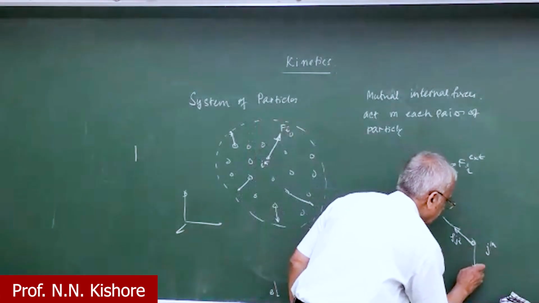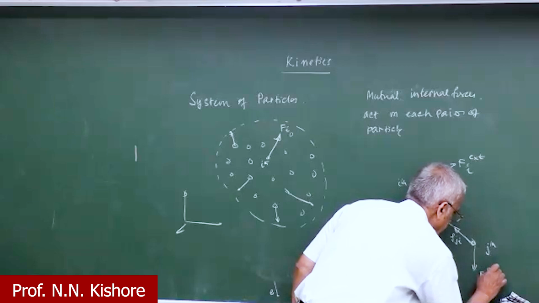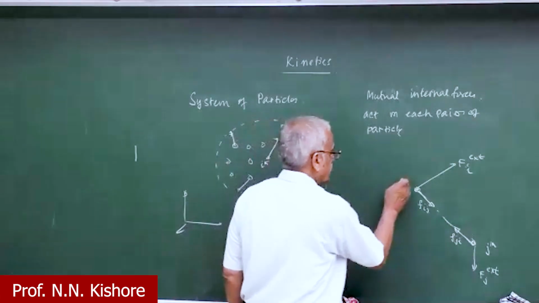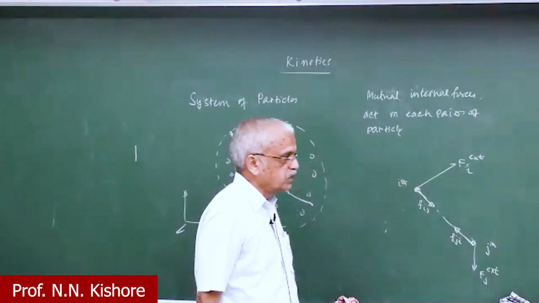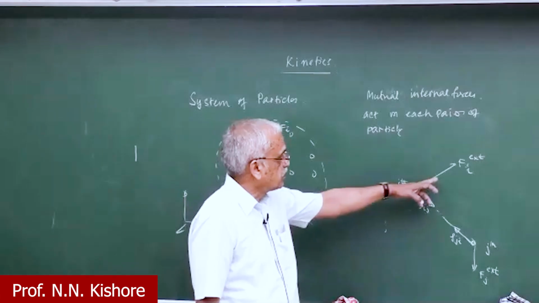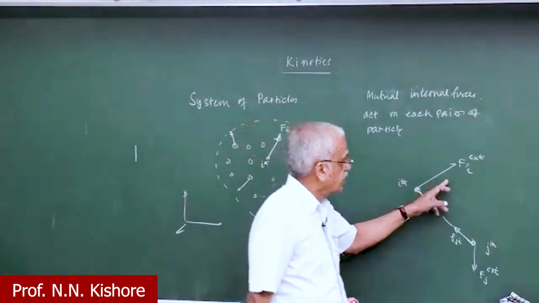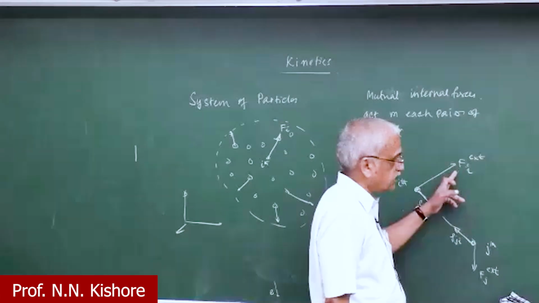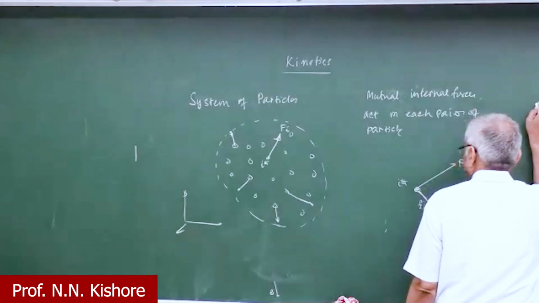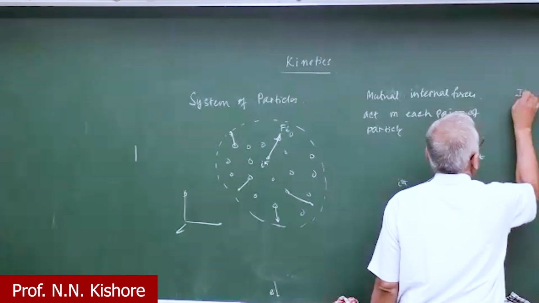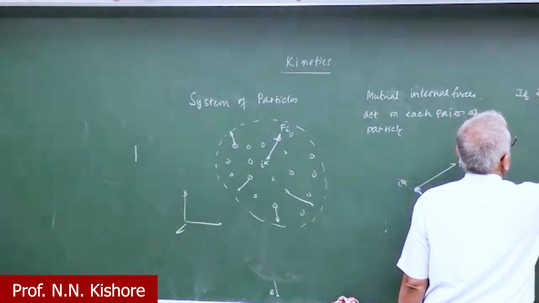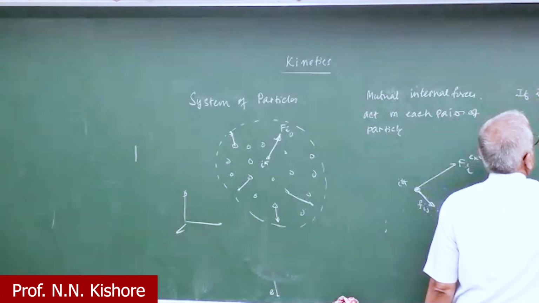So what we have here is that this may not be just one force. There are a number of forces here. So as far as the ith particle is concerned, this gives you all the forces. So like this, we have a relationship where i ranges from 1 to n. So you can start with F1 and F1j.